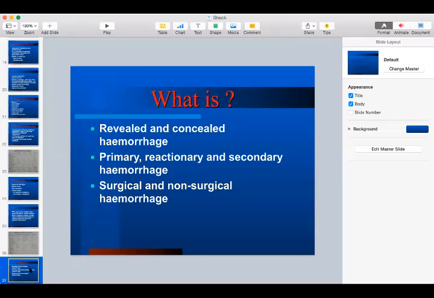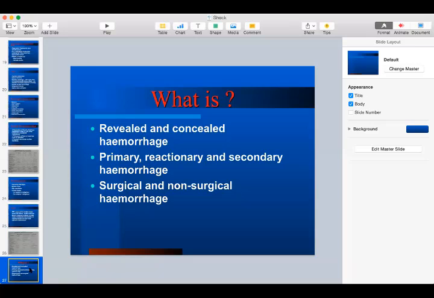The first two are kind of obvious. This is pretty much given by the words, revealed and concealed. Revealed is out there in the open. You get hurt, there's a trauma, there's a cut on the skin, leg, wherever it is, and it's a revealed hemorrhage.